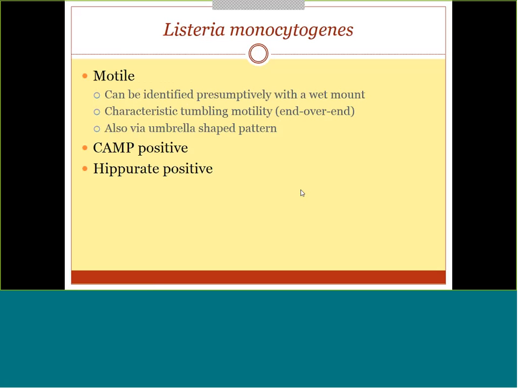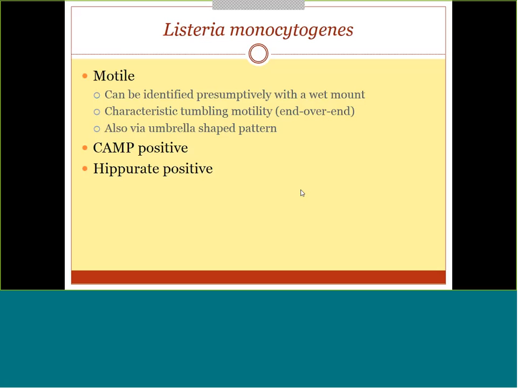If you were to do what we call a wet mount, where you take a drop of saline or liquid that has Listeria mixed into it, put it on a slide and put it under the microscope, you should be able to see what they call a tumbling motility. It's kind of like somersaulting, or end over end, the rods will be moving like that, and that is so characteristic. Nothing else has that but Listeria monocytogenes.